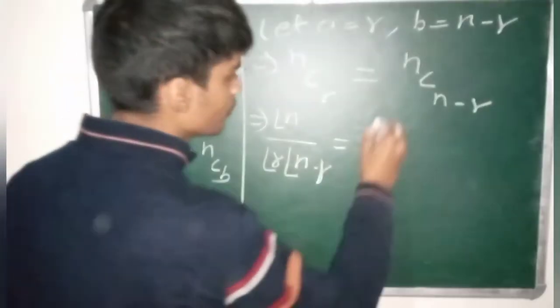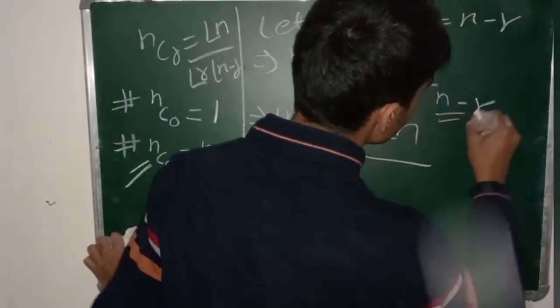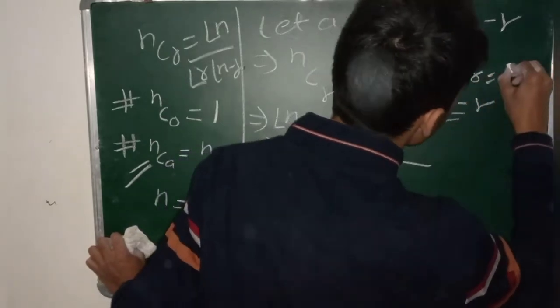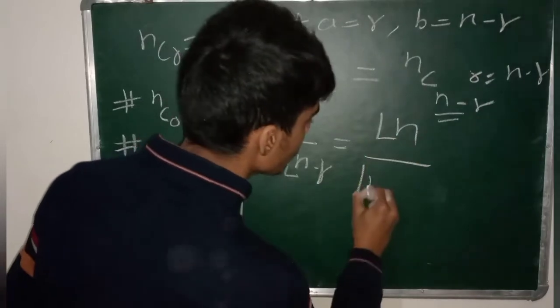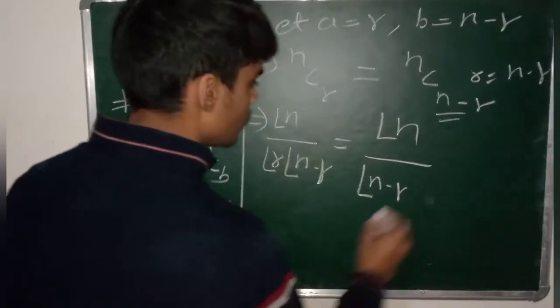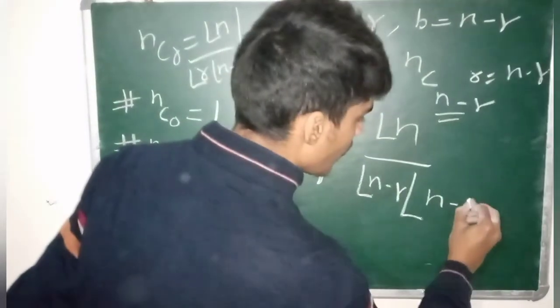It is equal to factorial n. Here r, and here r is equal to n minus r. So we write in r's place n minus r, factorial n minus r.